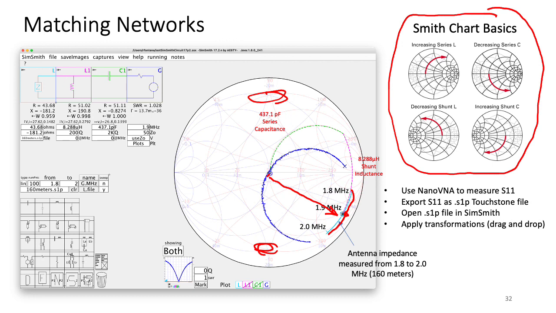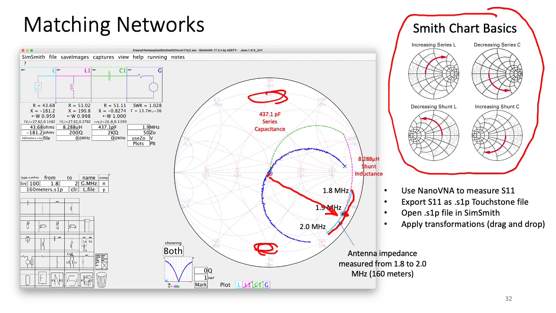If I put a series inductance in my circuit, my point will move clockwise along the constant resistance curves. If I put a series capacitance in the circuit, then the impedance will move along those same fixed resistance curves in the negative direction, or counterclockwise direction.